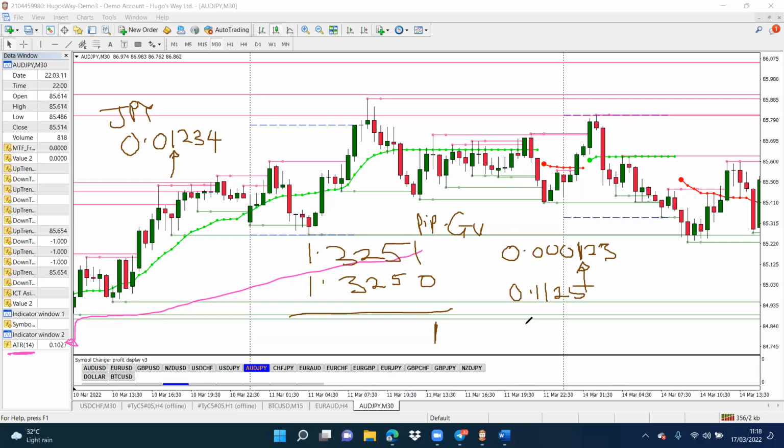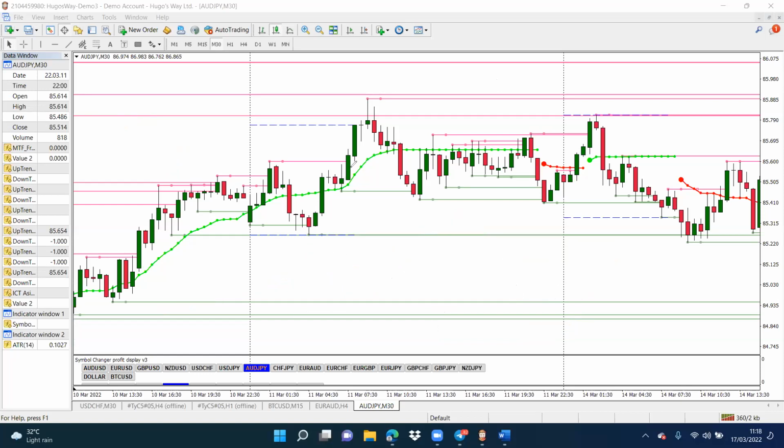So if you see 0.1125 for JPY, you're actually talking about 11 pips. So it's the second digit after the point, right? Let's have that at the back of our mind. So if I take my cursor now to this candle, it's showing me 0.1129. That is 11 pips.